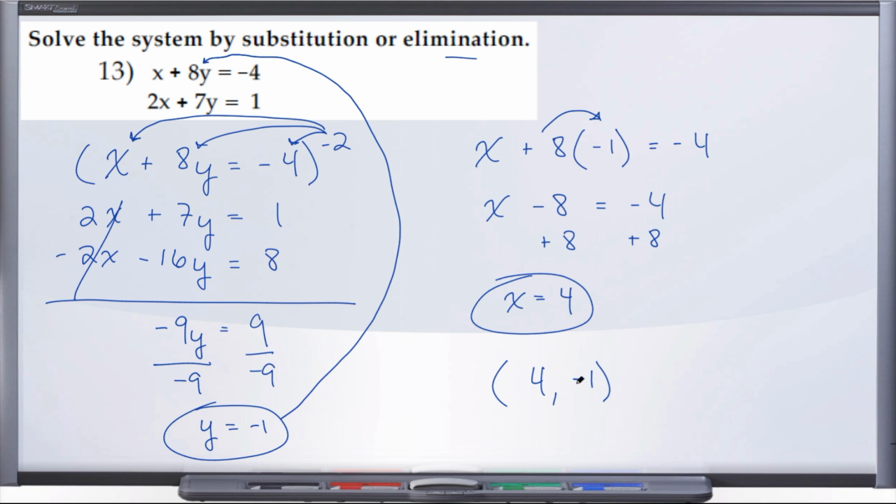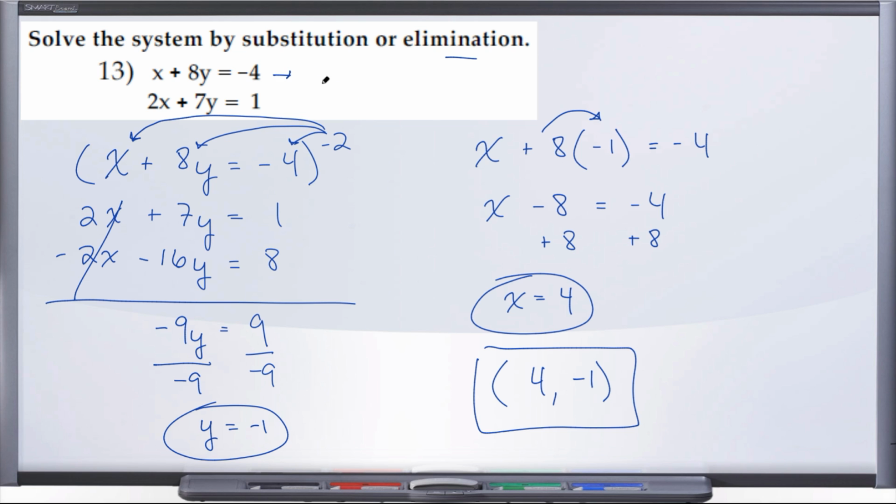And this, again, just like number 12, is a question on your final that you can check yourself, meaning you can take your solution, 4, negative 1, plug this solution back into each of your original equations, and you should end up with a true statement. So let's test that, at least for the first equation, to make sure that we're on the right track here.